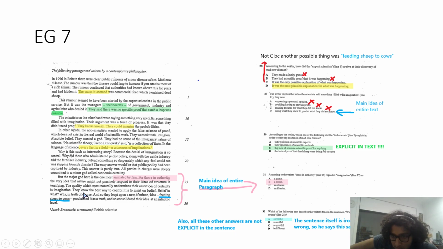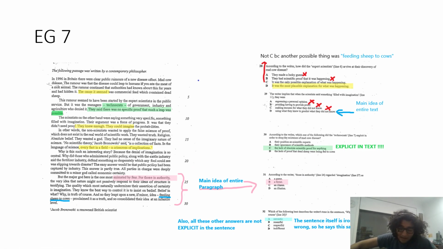Then they know that when they're talking about the technocrats, the best way to control is to insist on belief. Belief in what? Why, the truth, of course, right? And that alongside this no specific proof gives the answer of C. That the technocrats exploited the main idea of the paragraph is that there was no scientific proof for anything, C.